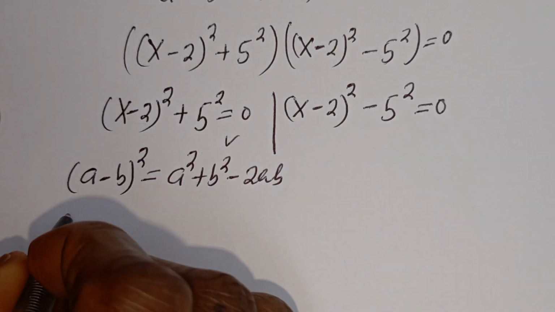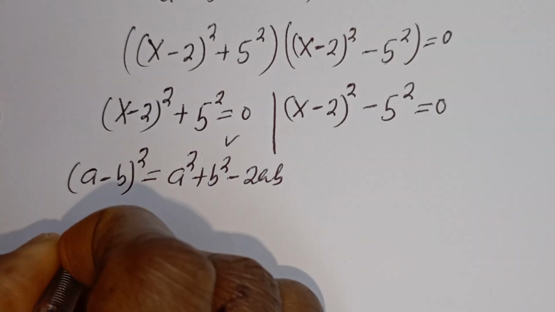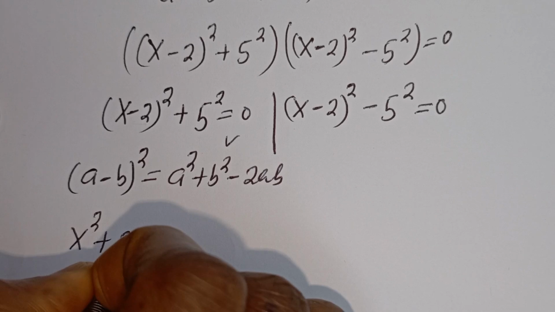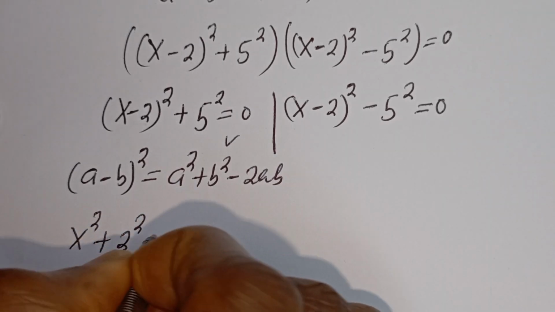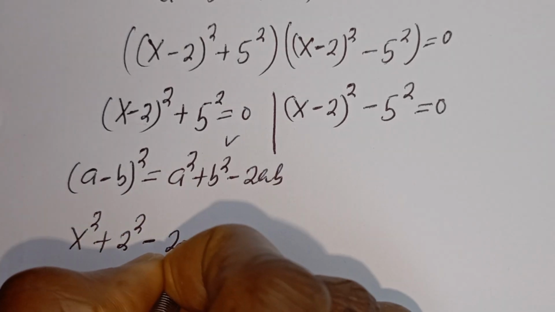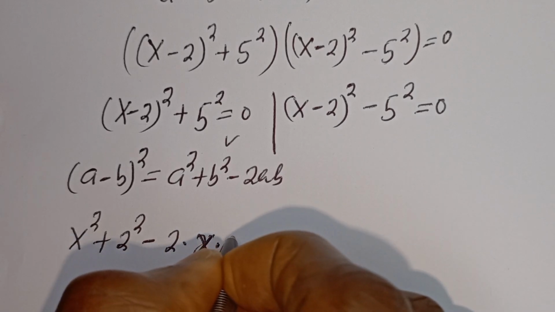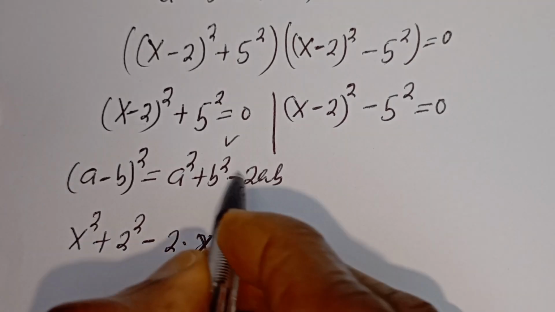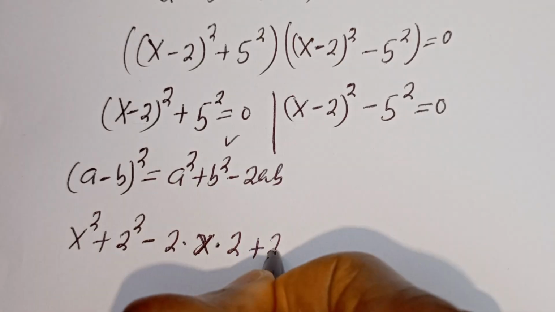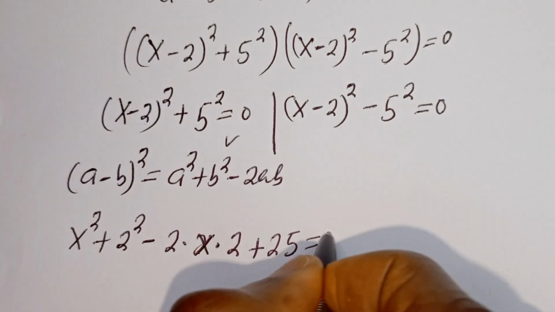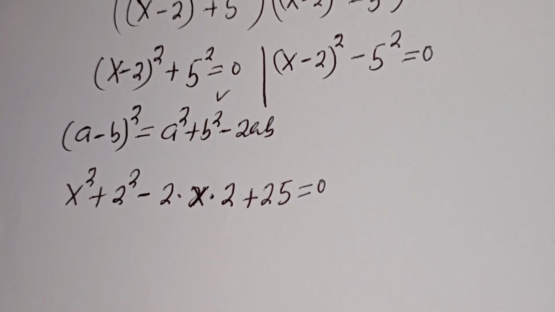Then we have x square plus 2 square minus 2 multiplied by x multiplied by 2 plus this 5 square, that is 25, is equal to 0.